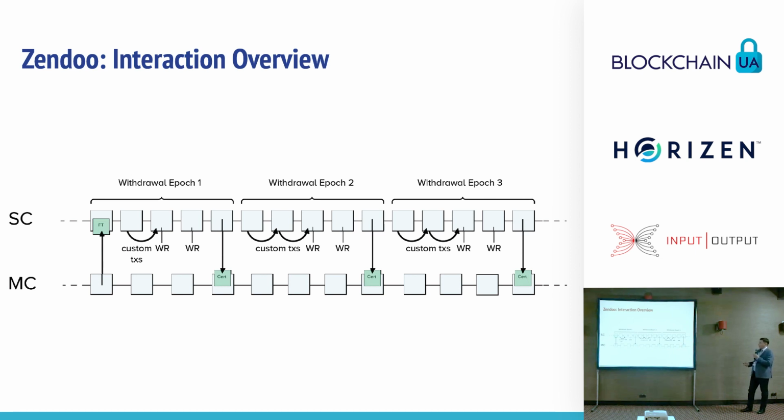All such transactions are united into a withdrawal certificate, and the withdrawal certificate is provided to the main chain. These epochs are sequential, and with the length of this epoch, we have the liveness period. So each transaction that is intended to move coins from the sidechain to the main chain will definitely be processed within the withdrawal epoch.